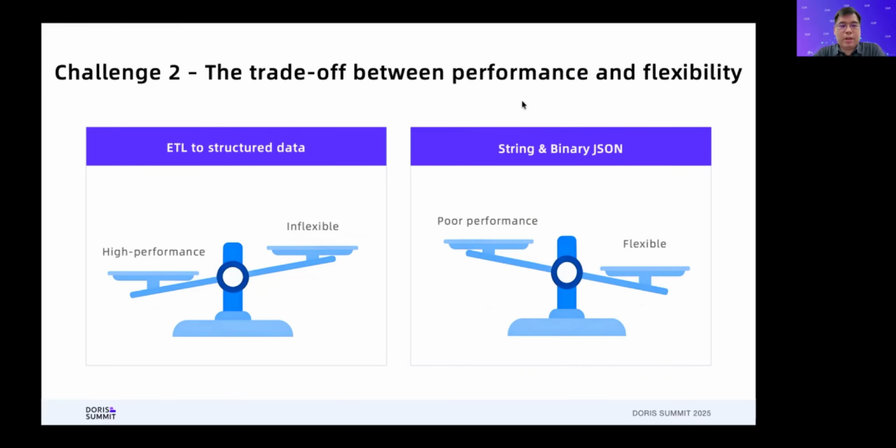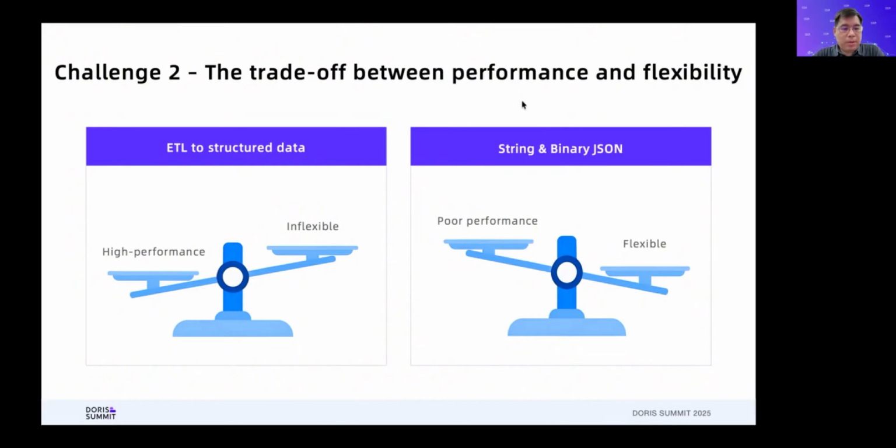And the second challenge is the trade-off between performance and flexibility for semi-structured data, especially JSON data. For JSON data, we usually have two options. The first is ETL, which extracts the data into a structure. The second is just keeping it as a JSON string or simply binary JSON.